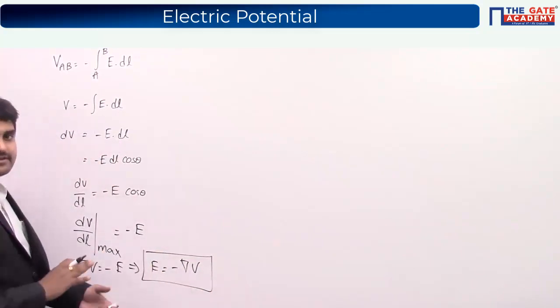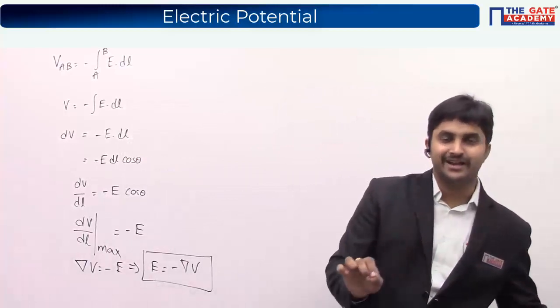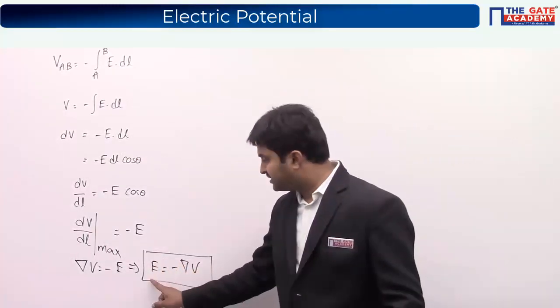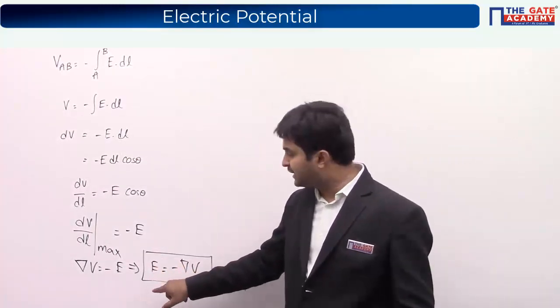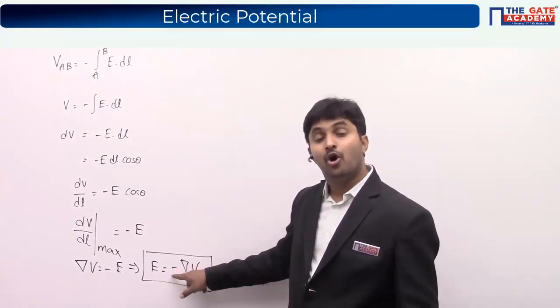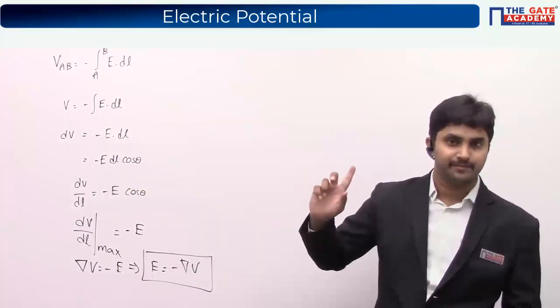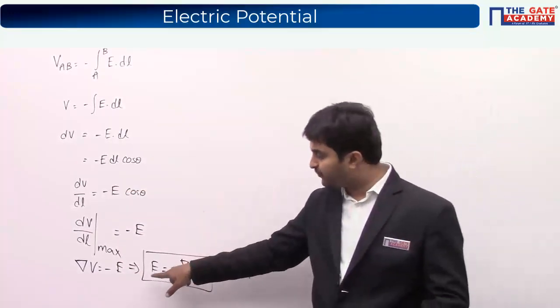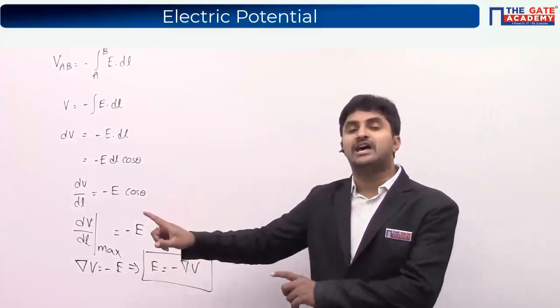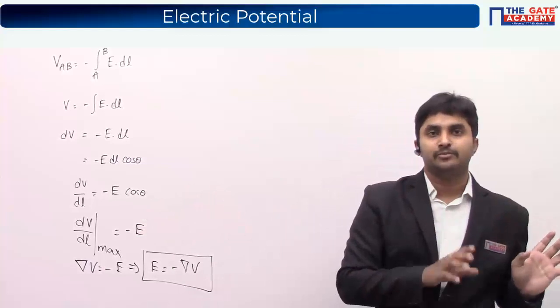Now what does this mean? Because of the presence of the minus sign, the direction of the electric field will be opposite to the direction of maximum rate of change of the potential.